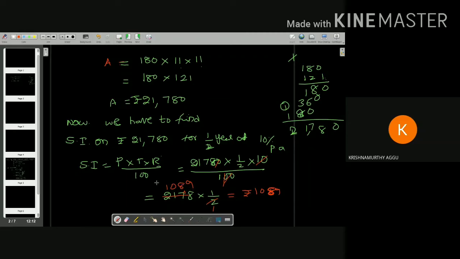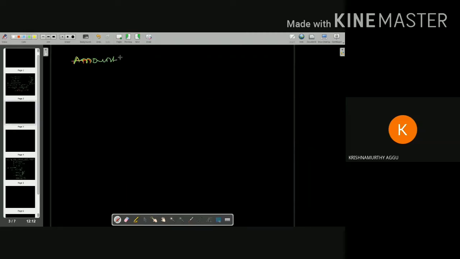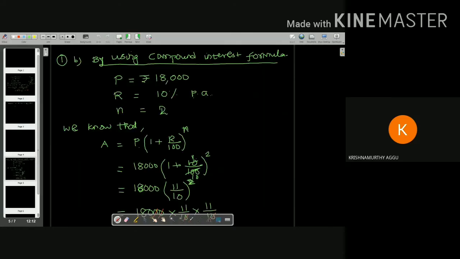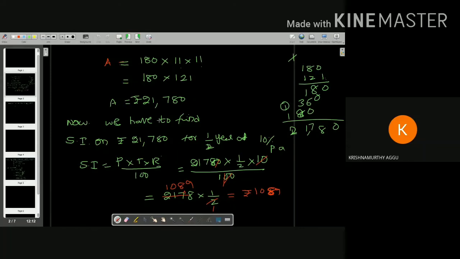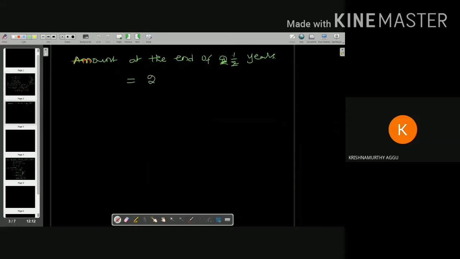Now we want amount at the end of 2.5 years. Already we got for 2 years amount. For 2 years amount is 21,780, plus for half year interest.